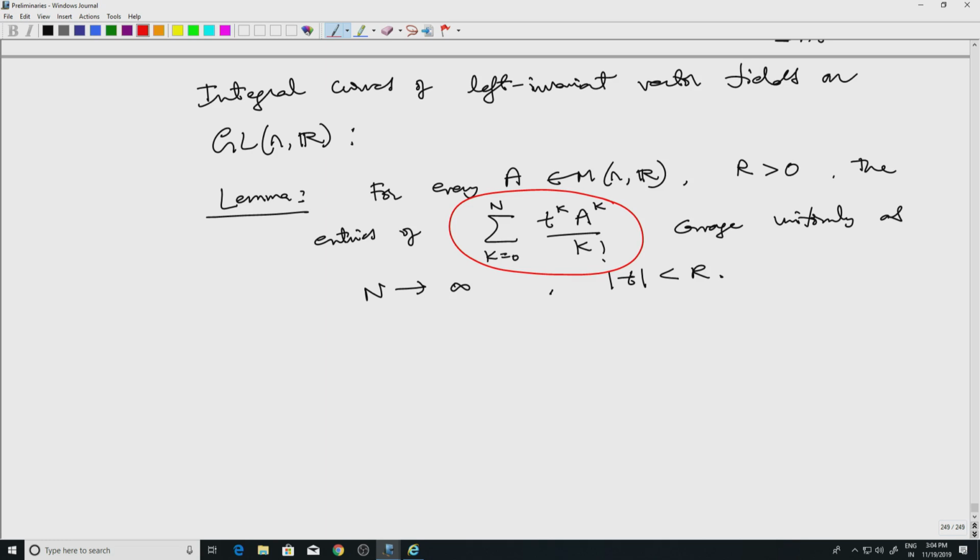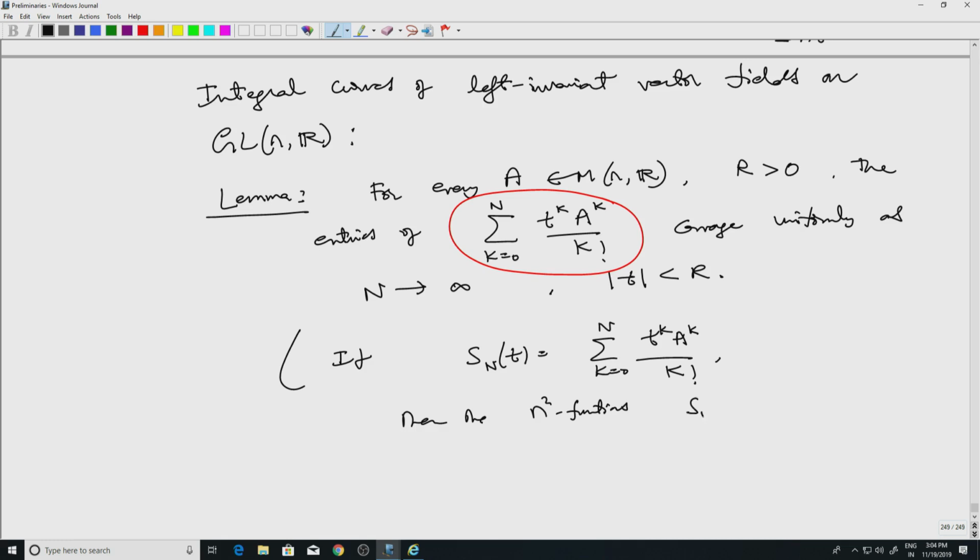So if I call this partial sum S_N(t), equal to the sum for k equal to 0 to N of t to the power k A to the power k by k factorial, then these n squared functions, the ij-th entry of S_N(t), converge uniformly as N goes to infinity on mod t less than r.